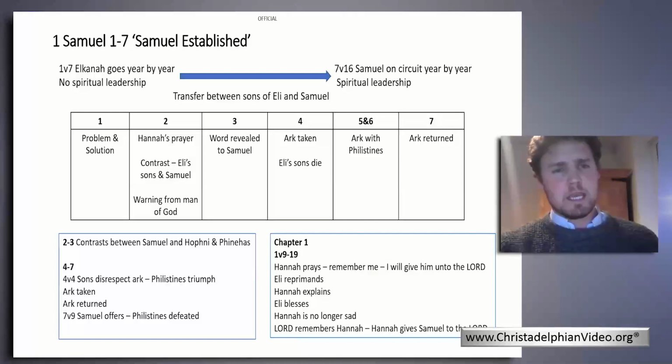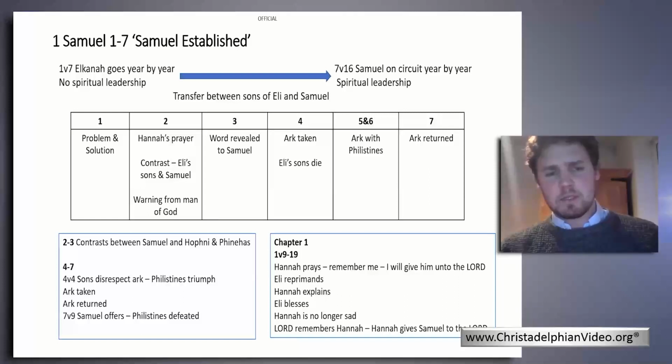And it is in chapter 2, in Hannah's prayer, that we have a central couple of statements which summarize really what the entire book of Samuel is all about.